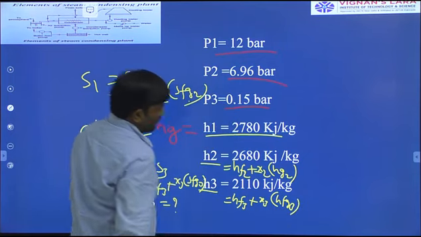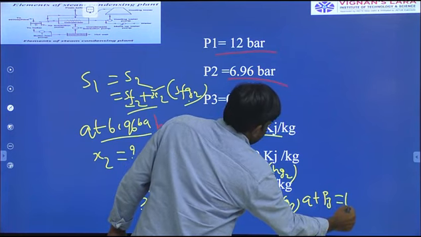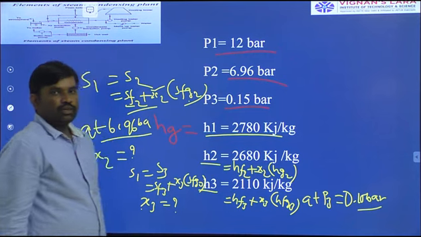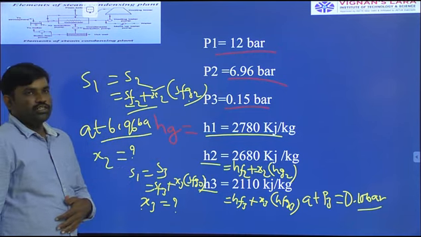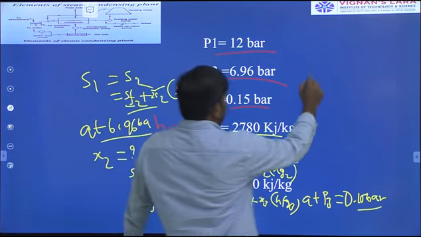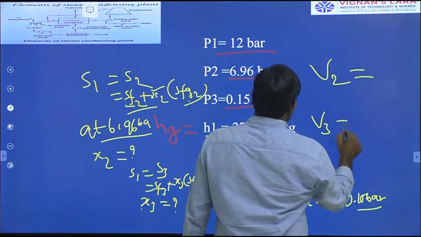These HF and HFG values you take at pressure P3, that is 0.15 bar. After calculating H3, H2 and H1, you have to determine the velocity at the throat section, V2, and the velocity at the diverging section, V3.